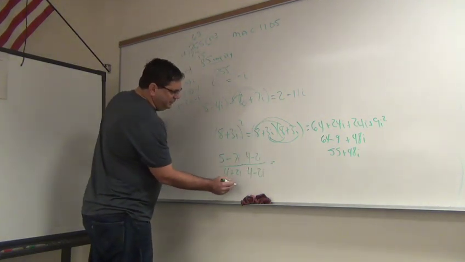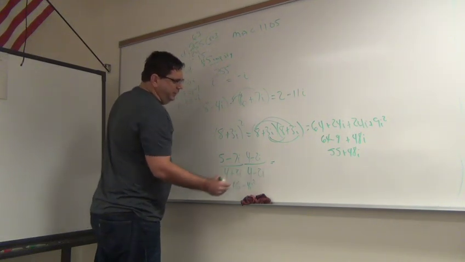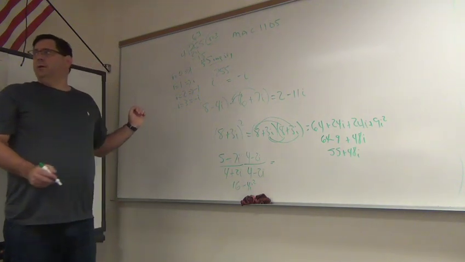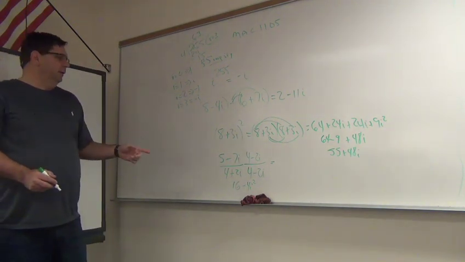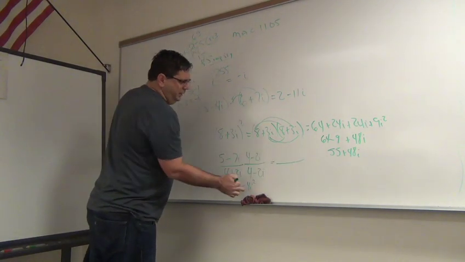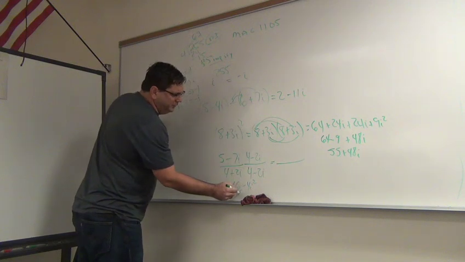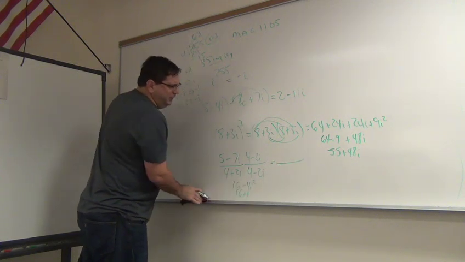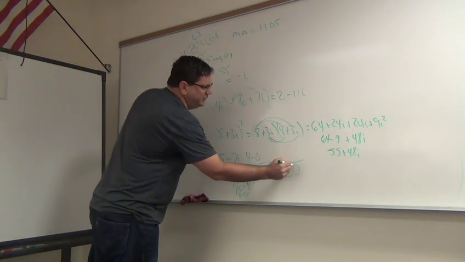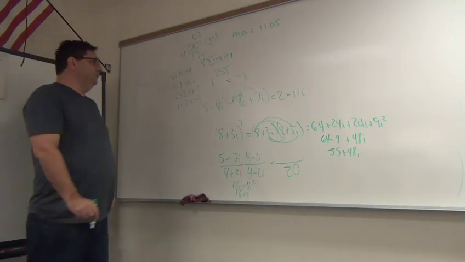Bottom piece, 16 minus 4i squared, yes? Brantley, can we see that okay? Yes. 16 minus 4i squared. i squared becomes -1, so this is 16 plus 4, which is 20. Now, what is the top piece?